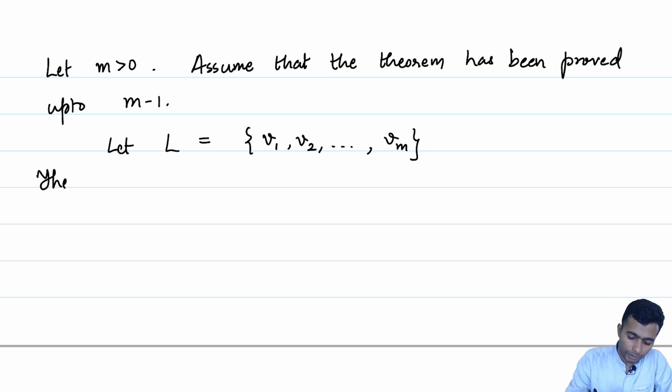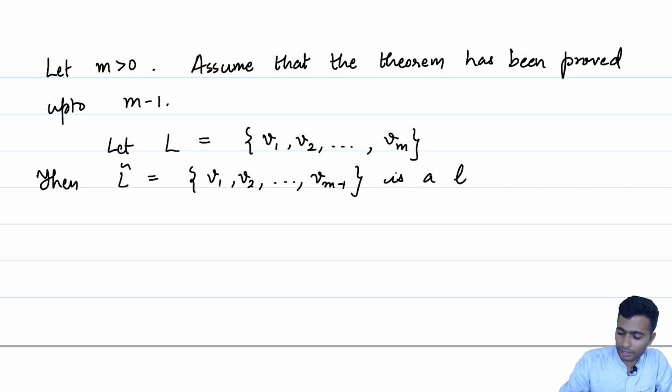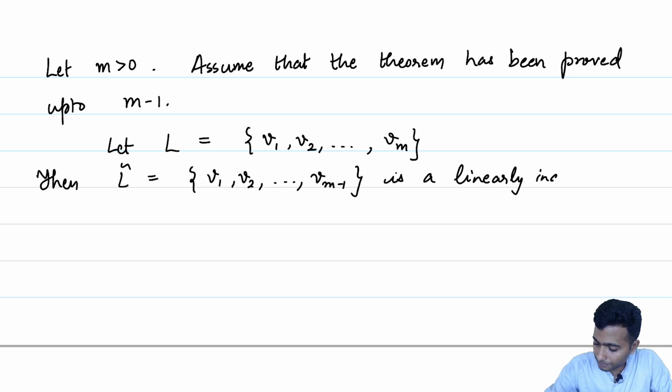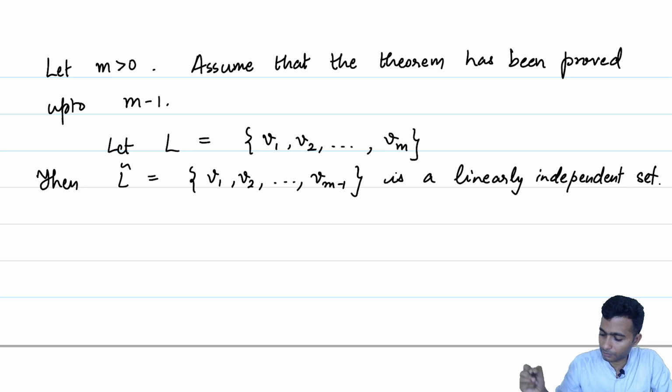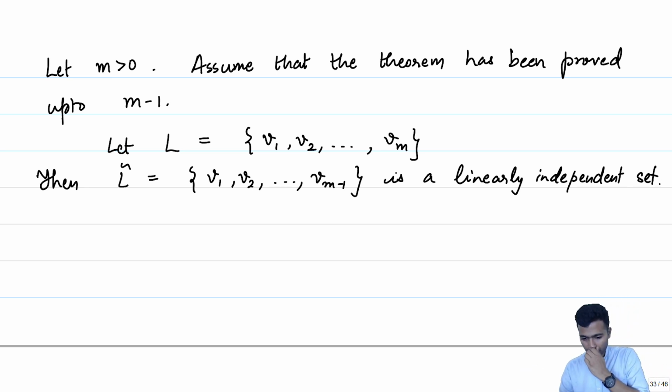Then L tilde, if you consider just the first m minus 1 elements of it, which is V1, V2 up to Vm minus 1, is a linearly independent subset, because it is a subset of a linearly independent set. But we have the induction hypothesis telling us that the result is true up to m minus 1. So, in particular for L tilde, we know that the result is true.